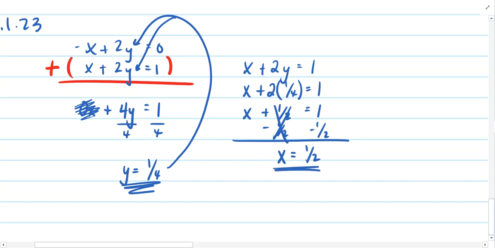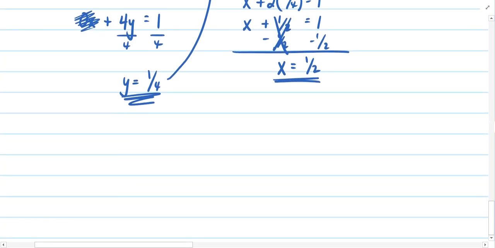So our solution of y being 1/4 and x being 1/2, written together as an ordered pair, keeping in mind that the x value should be written first, should look like this: 1/2, comma, 1/4.